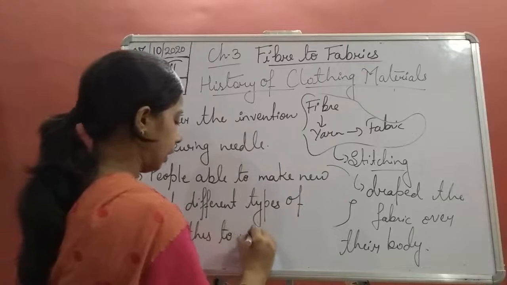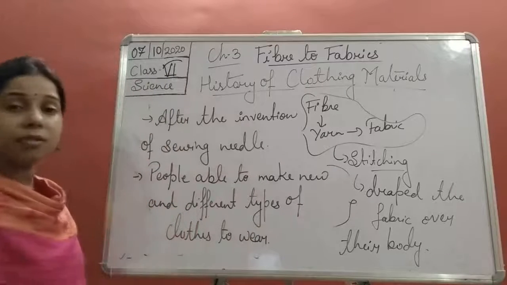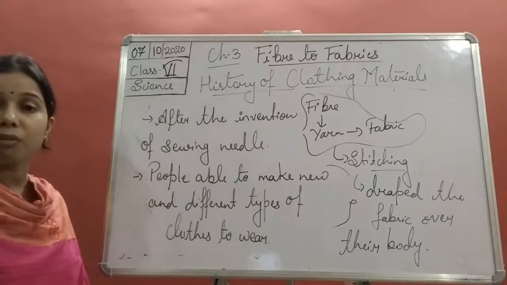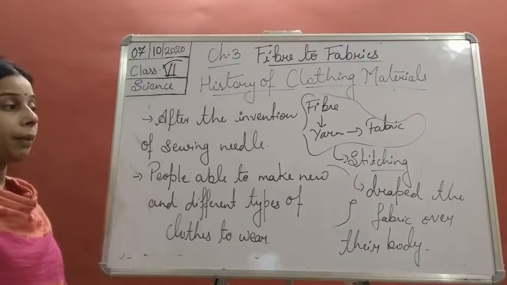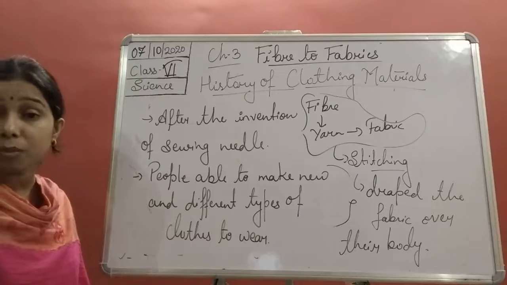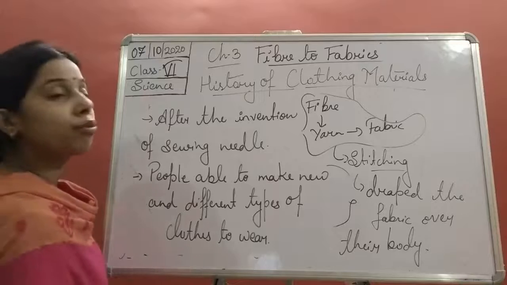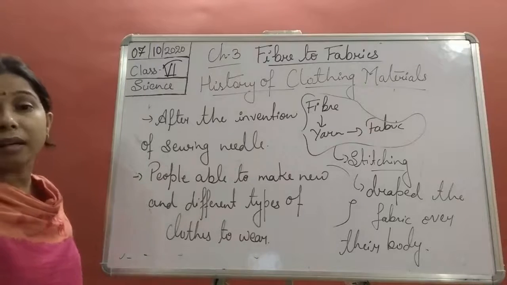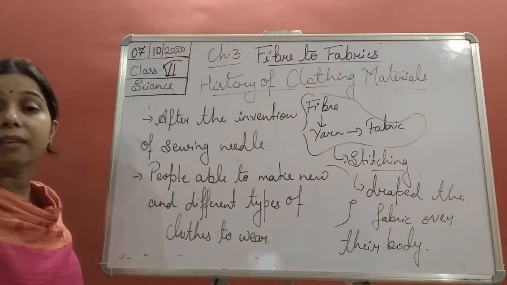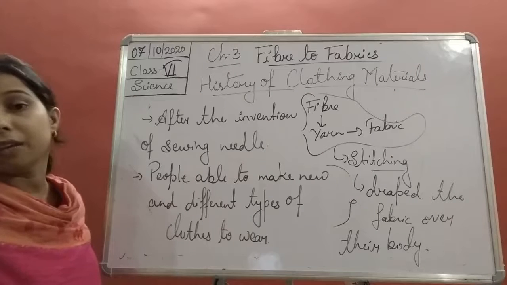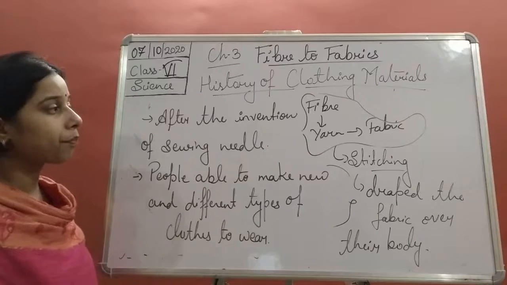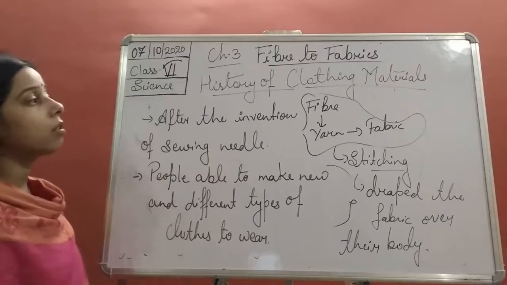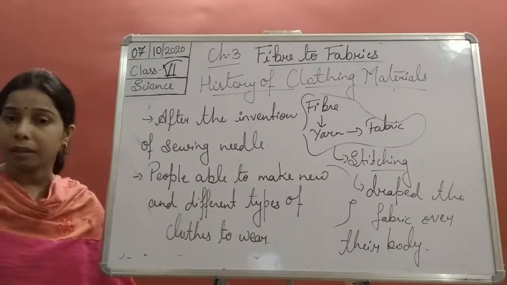Okay, so after the discovery of the sewing needle, the people have understood about the stitching process. So they used to take the cloth and cut it, and after that they stitch it and make different types of clothes. Now this is the history of clothing material, students.